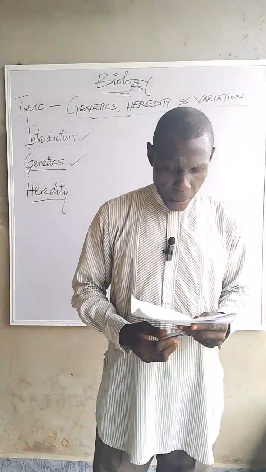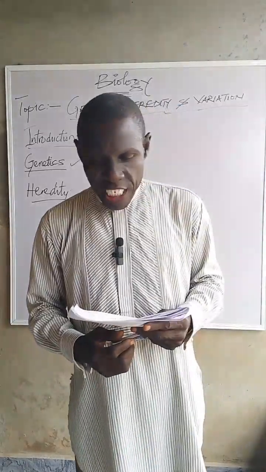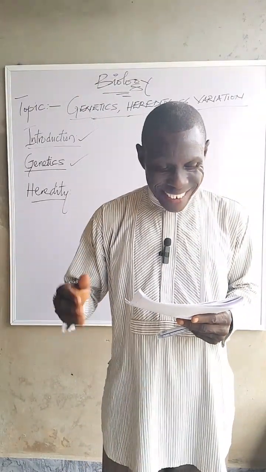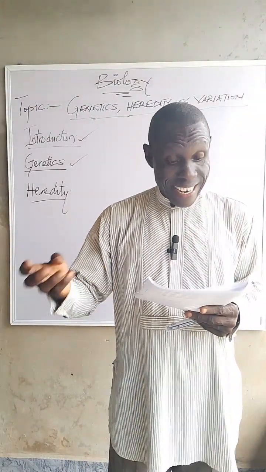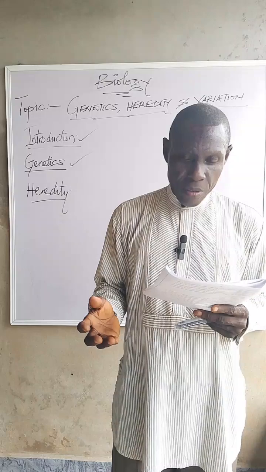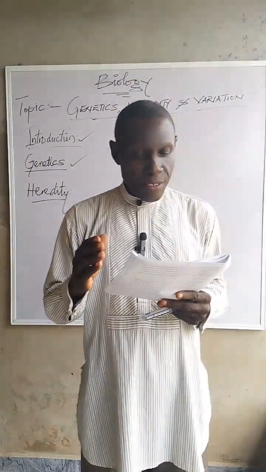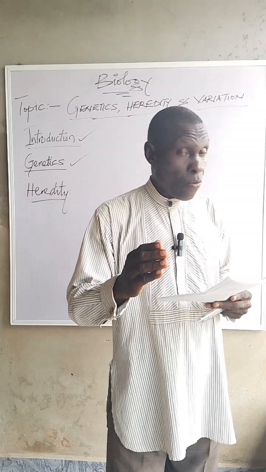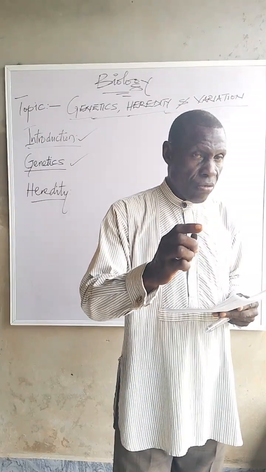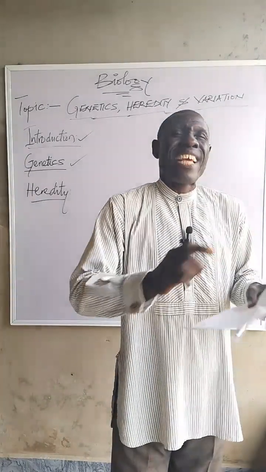How does it occur? This is because the offspring inherited what? Characters, traits from their parents. For example, cite the example of the late man I have just told you about, with that kind of nose. The nose is a spectacular type.